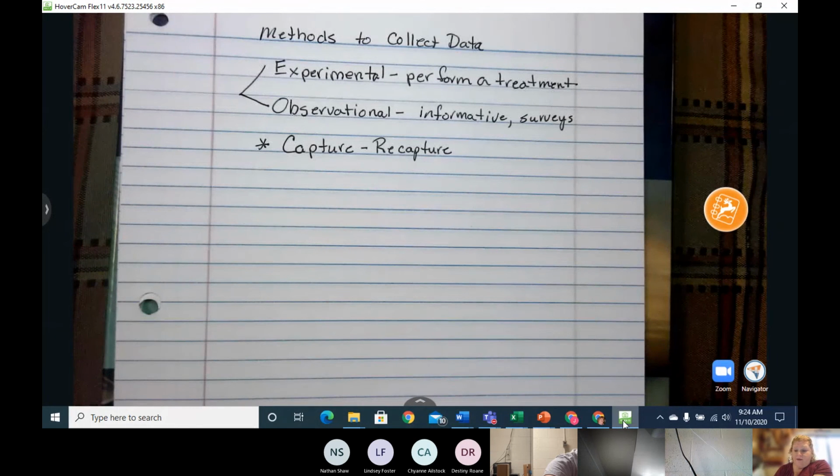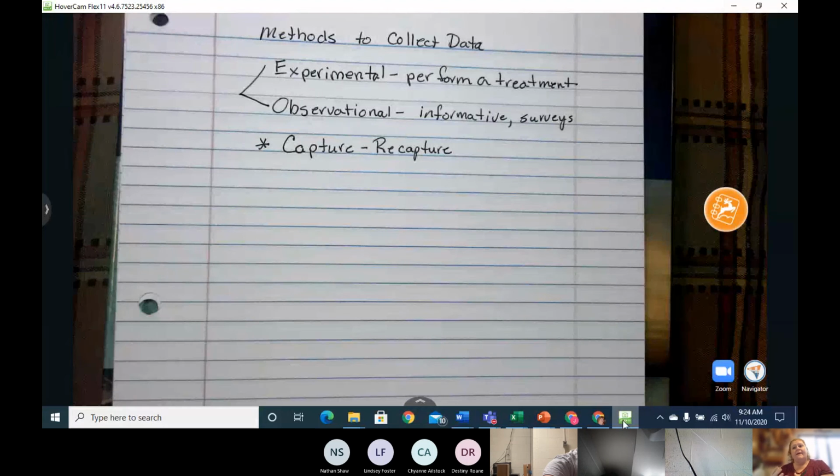And what they do is they go out and they capture, in particular, deer. They tag them, they release them back into the wild and let them live for a length of time, say a year or two. Then they go back out in that area, in that region, and recapture the population of deer. And in that population, some are tagged and some are not tagged.